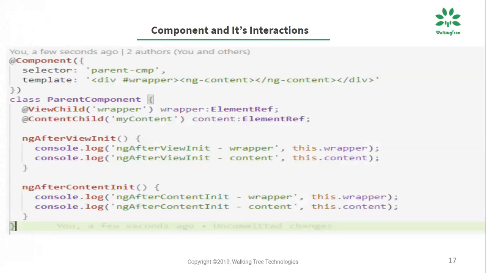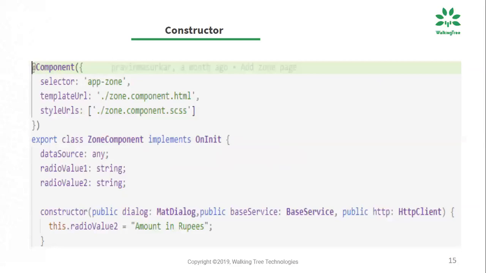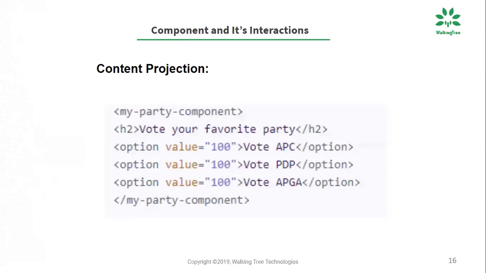So the user just needs to know the parent component, parent hyphen component. He can use that as a tag, like I have shown, my parent component. Whatever comes inside that selector, we call content, and this is called content projection.